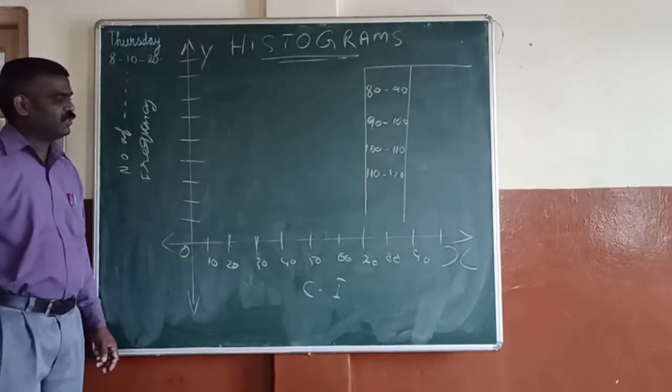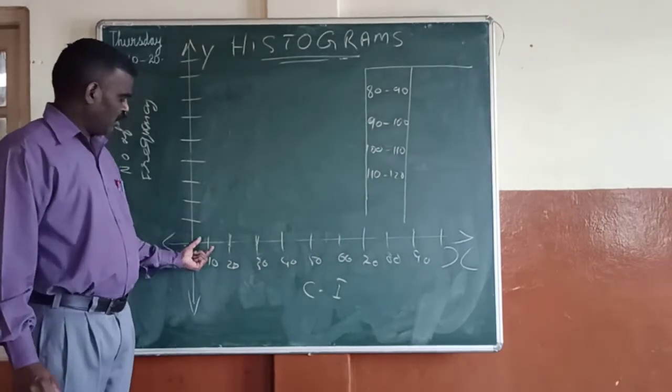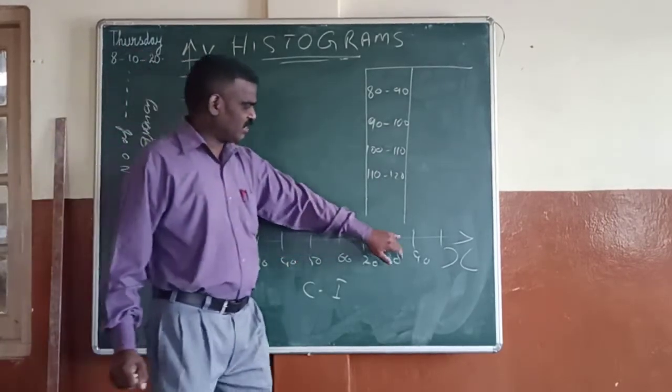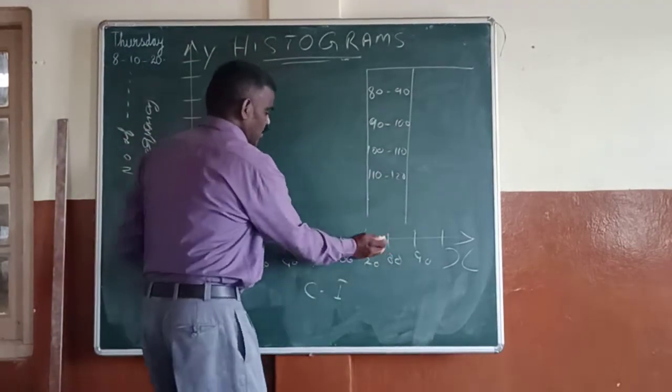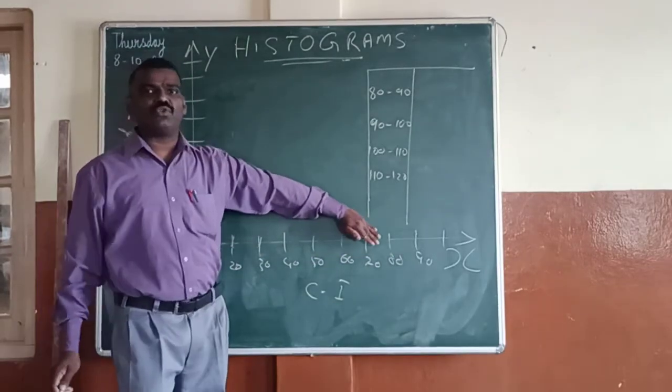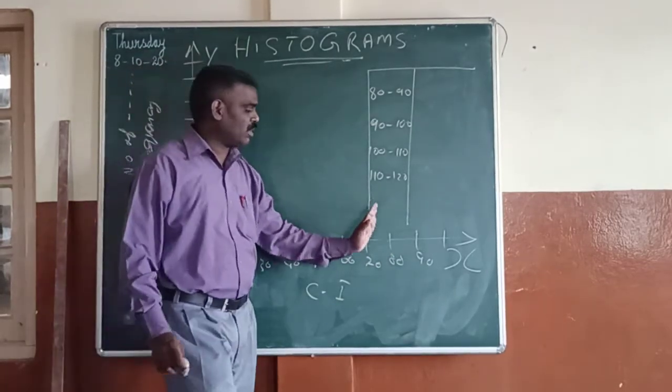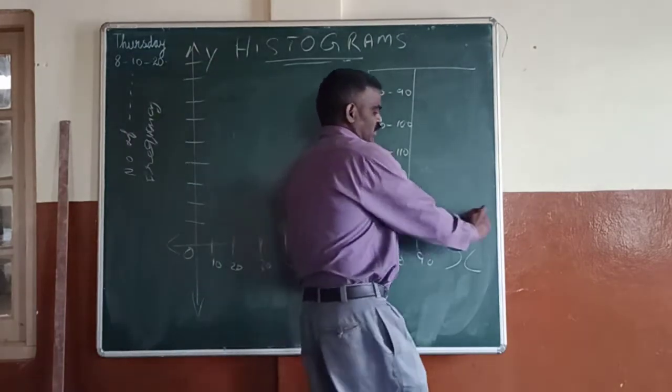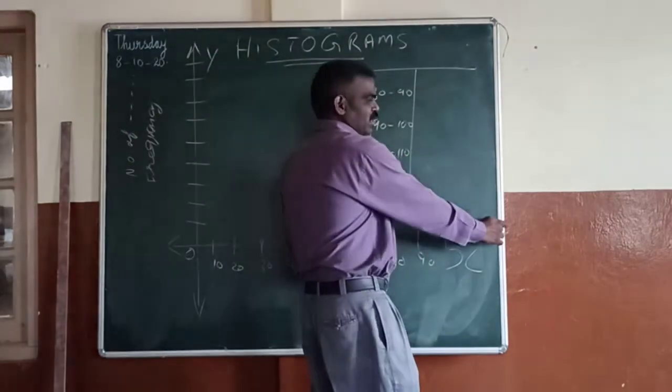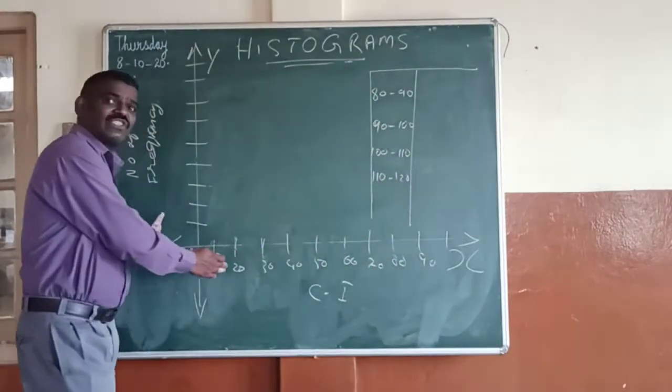In that case, you will not be doing anything here. Up to here, this much gap will be empty. You are not going to draw the graph here. Your answer will be starting from only this much, from here to here only. So this much area will be wasted.